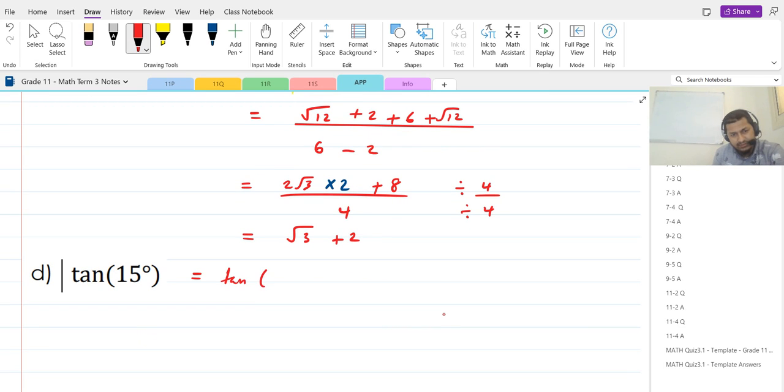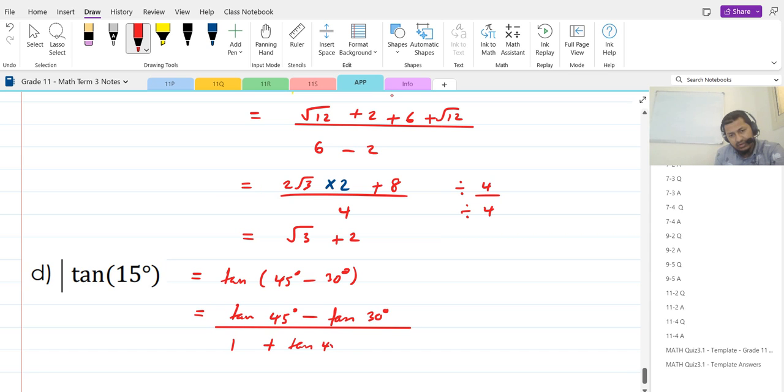let's use 45 and 30. Right, so tan is tan 45 minus tan 30 divided by 1 plus tan 45 tan 30.